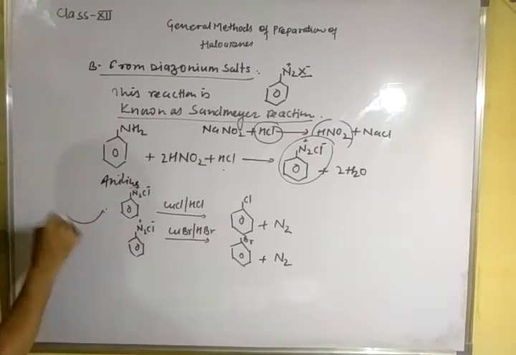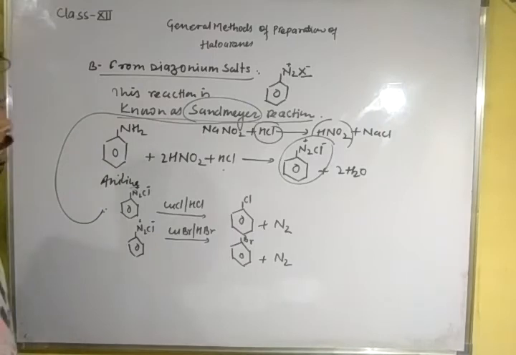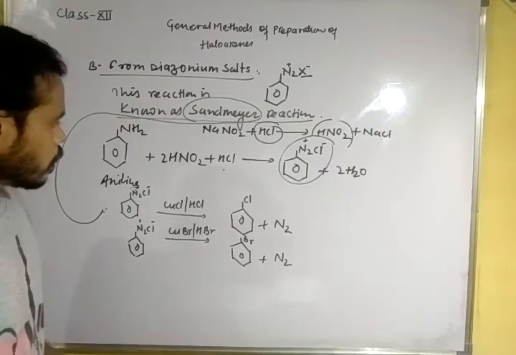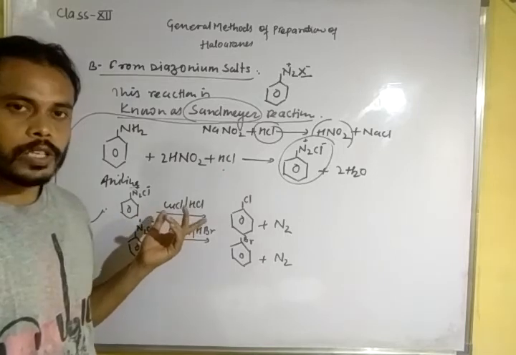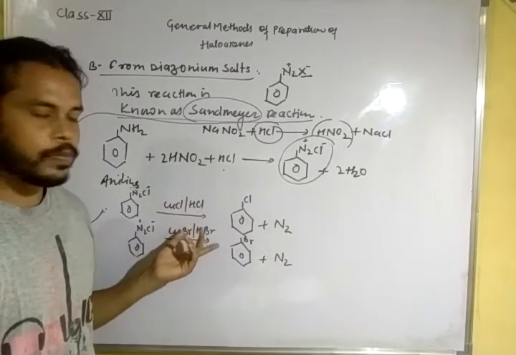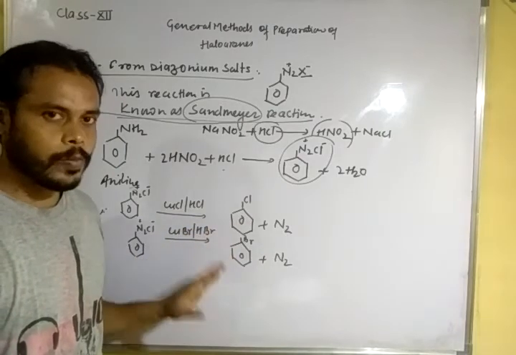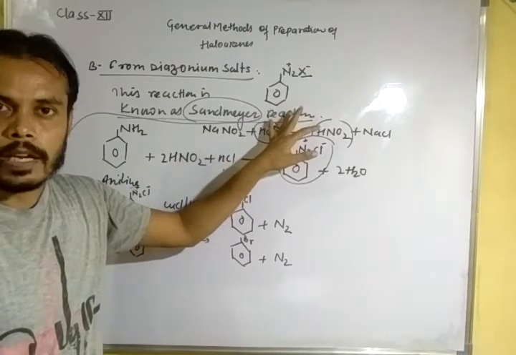This reaction is known as Sandmeyer reaction. What is a Sandmeyer reaction? In Sandmeyer reaction, benzene diazonium chloride treated with cuprous chloride in HCl or cuprous bromide in HBr to form chlorobenzene and bromobenzene with the elimination of nitrogen is known as Sandmeyer reaction.